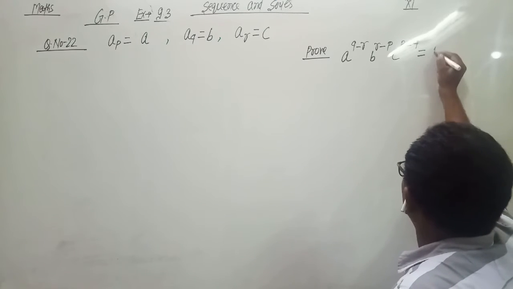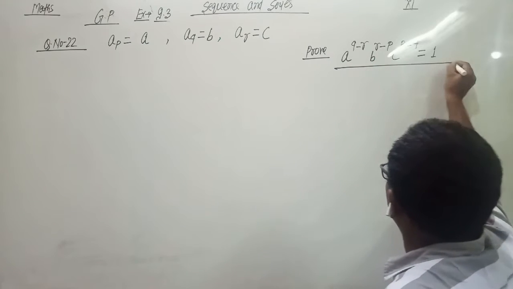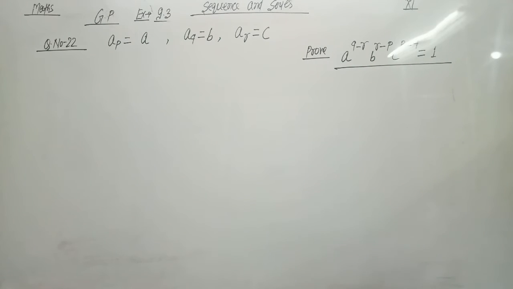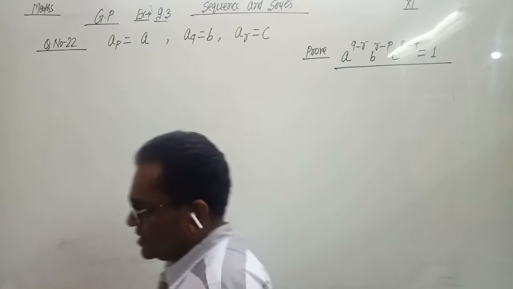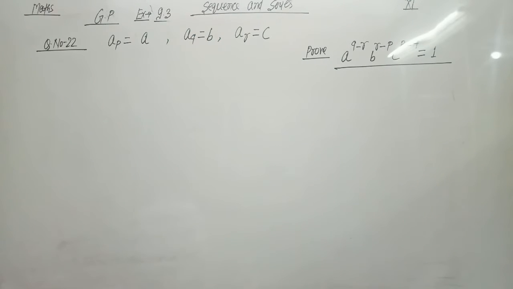So we have to prove that a^(q−r) into b^(r−p) into c^(p−q) equals 1.